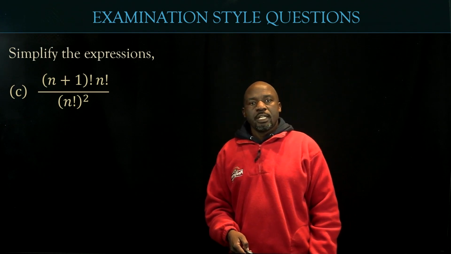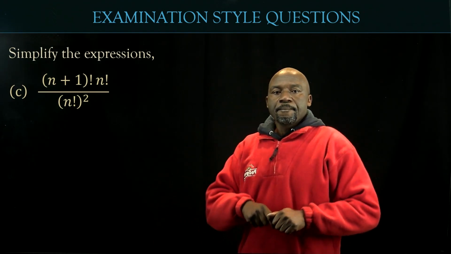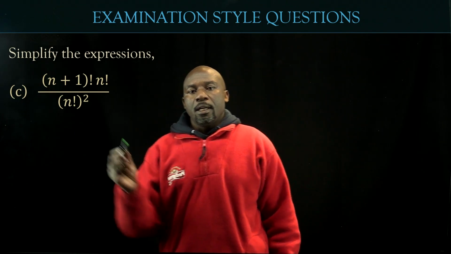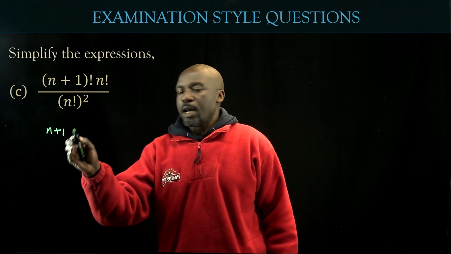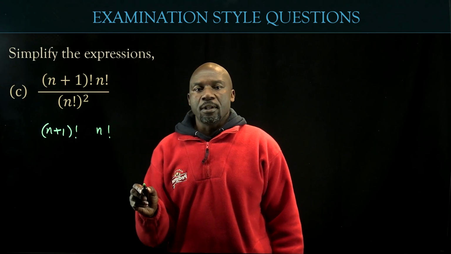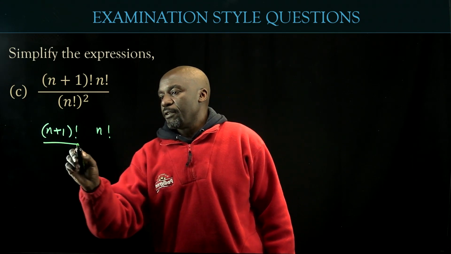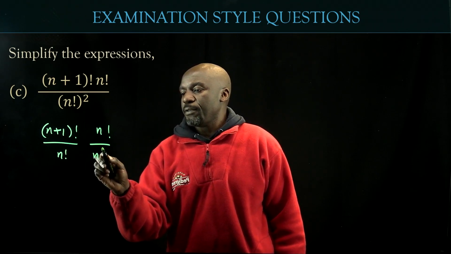Here is question C, again an examination type question. Pause the video and try again. Otherwise, I can see I have n plus 1 factorial, and I have an n factorial there, and I'm going to divide by n factorial and n factorial.